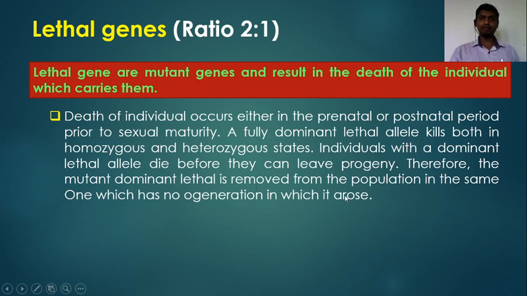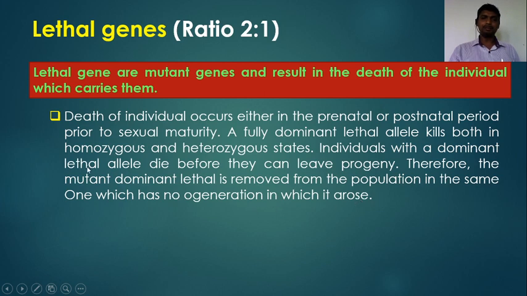A fully dominant lethal allele kills in both homozygous and heterozygous states. Individuals with a dominant lethal allele die before they can leave progeny. Therefore, the mutant dominant lethal is removed from the population in the same generation in which it arises.